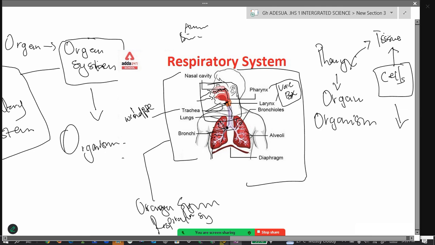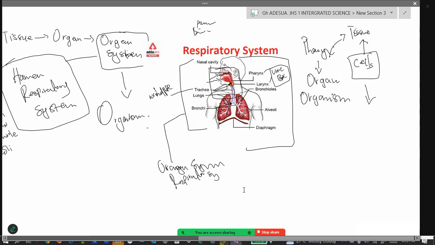Have you ever seen that before? They've drawn the lungs on the cough syrup. This is to tell you that the cough syrup, when you take it, is going to work on this part of your body, to relieve you from the burden of coughing and sneezing and all that.